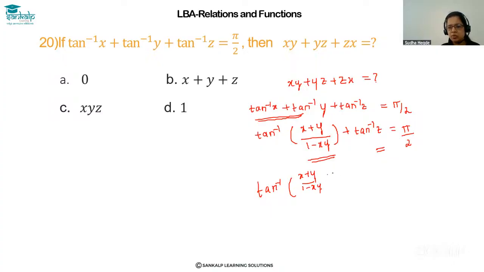Instead of y you have z divided by 1 minus x is x plus y divided by 1 minus xy into y is z.